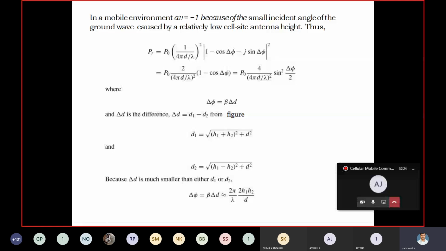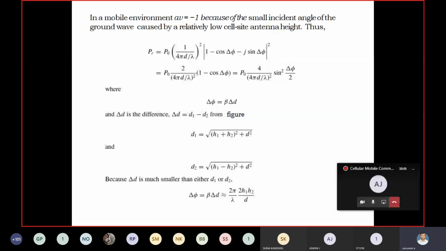From this figure, we have to draw the triangle. Automatically we get d1 equal to root of (h1 minus h2) whole square plus d square. Then substitute in the above equation.